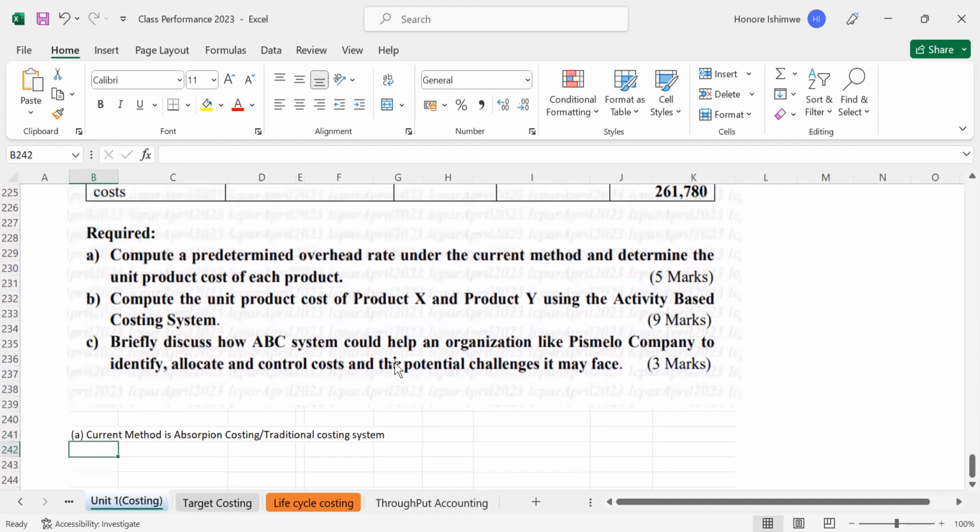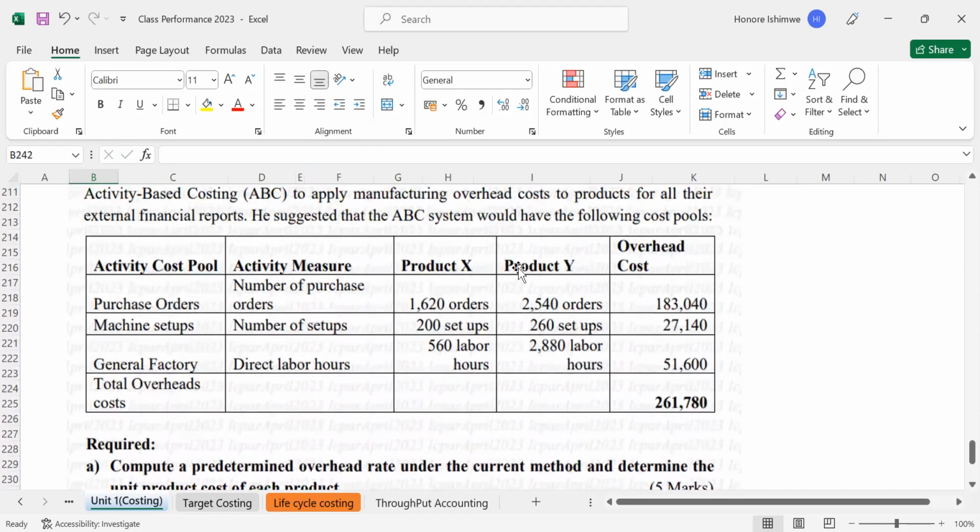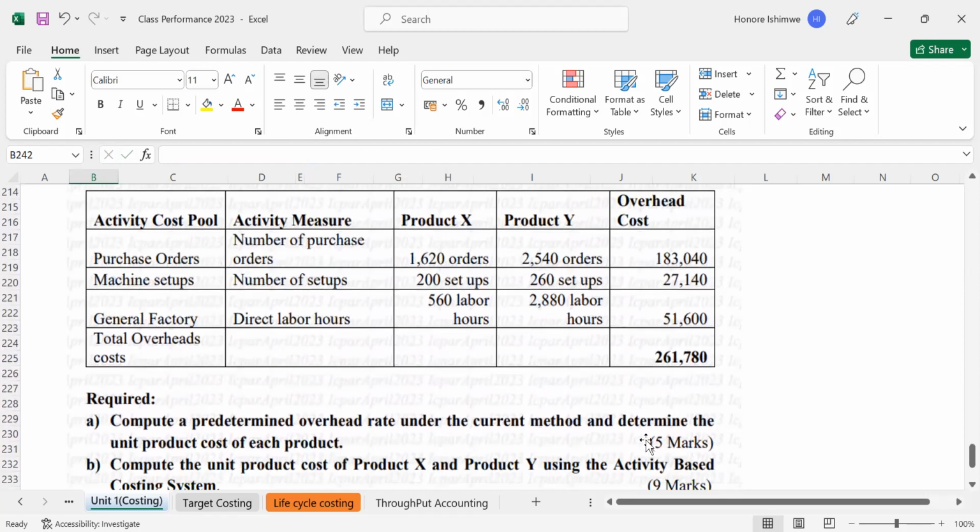So here, when you read, you have two cost centers. You have product X and Y. You need to come up with a determination.